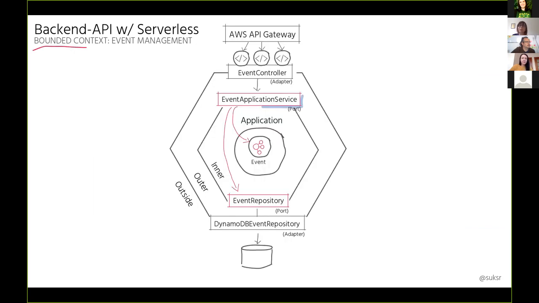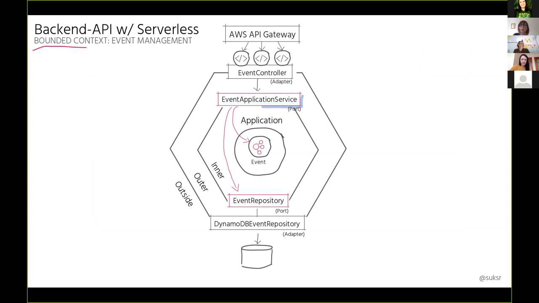The event application service itself is executed by the event controller, and it's orchestrating use cases and managing transactions, for example. In this case, it is the gateway to our domain model, which consists of an event aggregate, and it also executes the event repository.